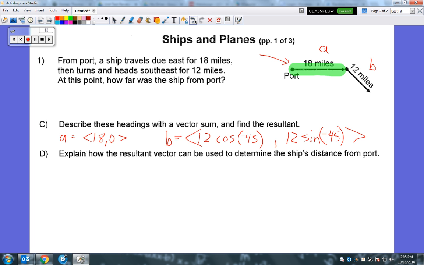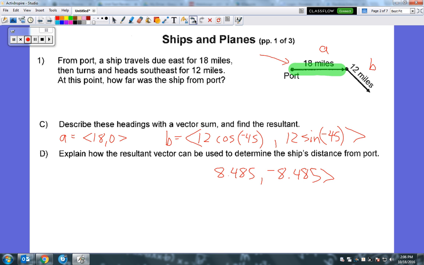But if it doesn't, go ahead and do it to 3 decimal places as a standard. Okay? So what do you get, anybody, to 3 decimal places for vector B? 8.485, and then negative 8.485.